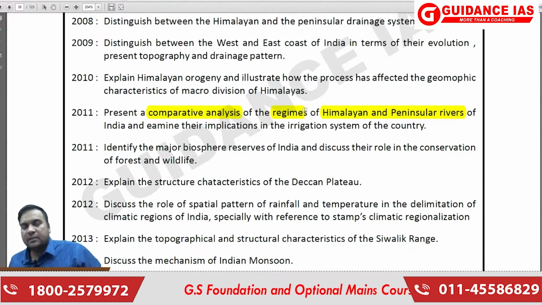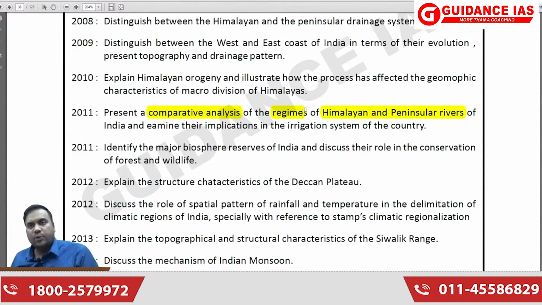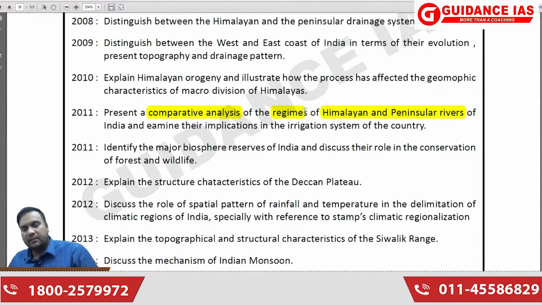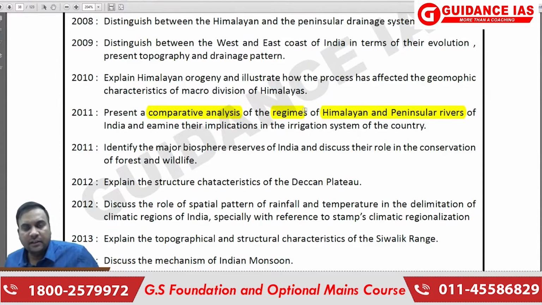Regime is a situation, it talks about the distribution of phenomena in time. ठीक है, distribution of that phenomena in time. So how that phenomena has been distributed in time.